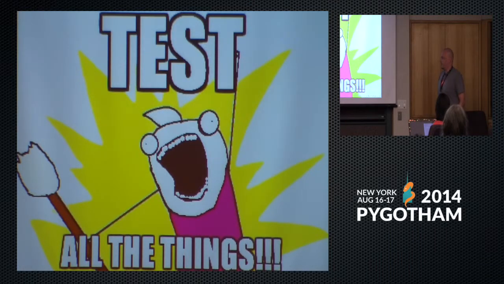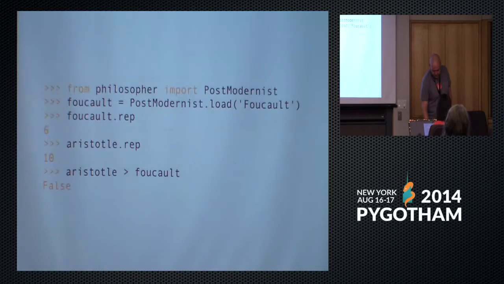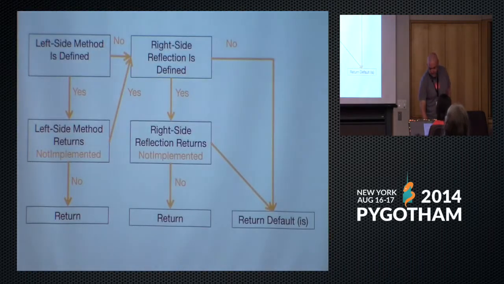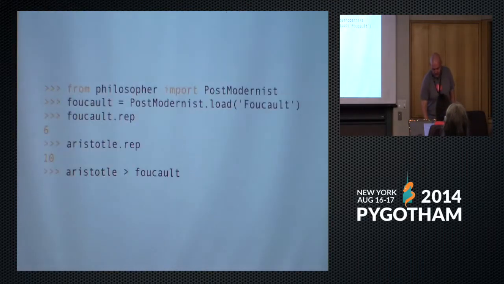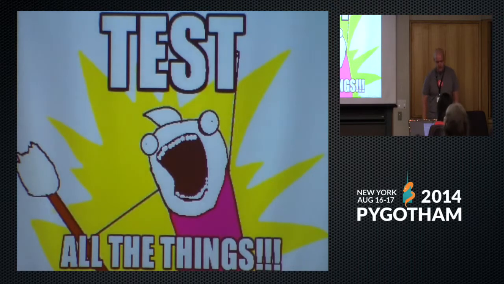And at the end of this, what we have is this really big flowchart that is actually even less complicated than reality. And so the point here is just that as you start to go down this road, just realize that you're taking on a tremendous amount of complexity, and make sure that you actually test all the things.